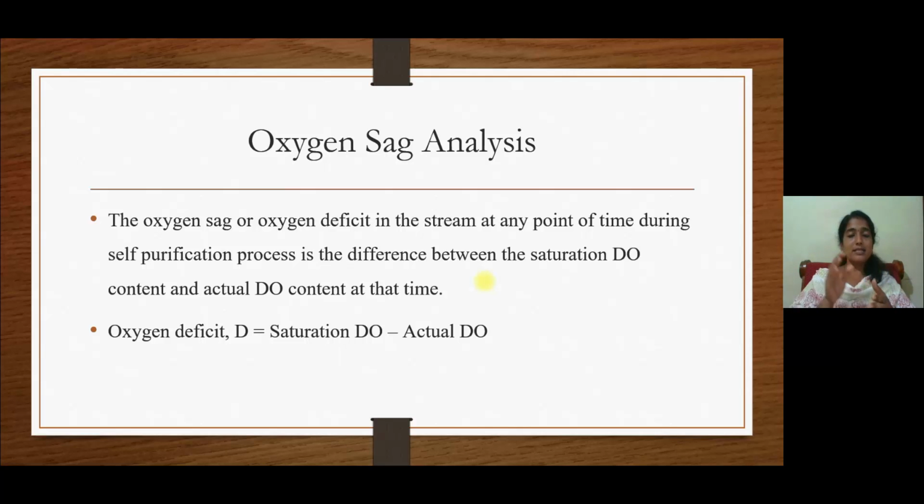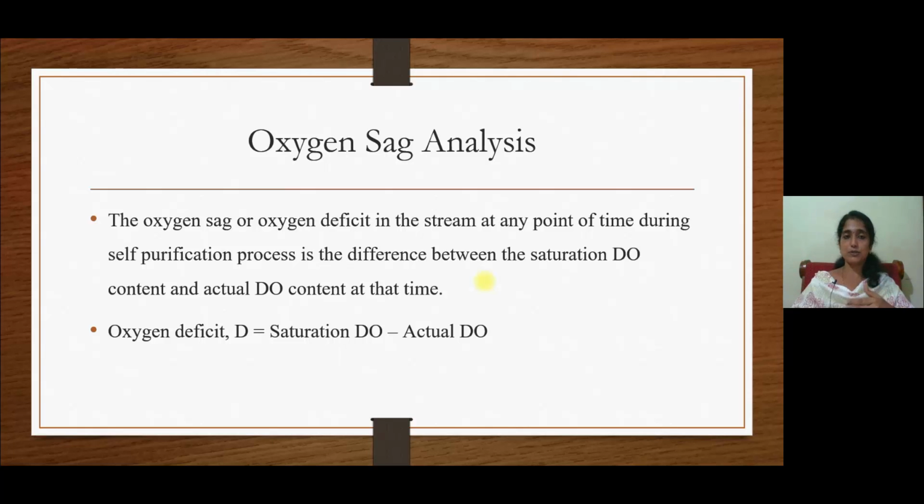When the wastewater is disposed of into the stream or river, the dissolved oxygen content will get reduced in the dilution water. This analysis is to be done to analyze the condition, that is the pollution status of the dilution water or the disposing water.